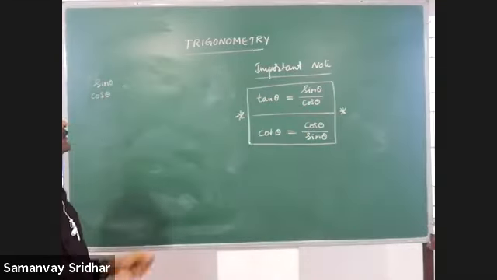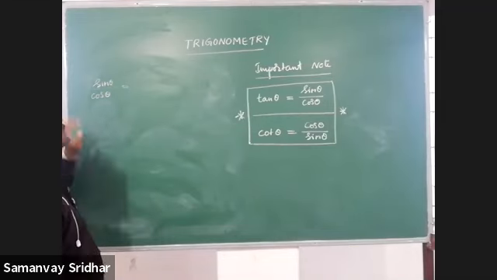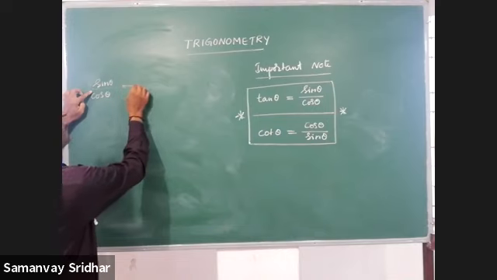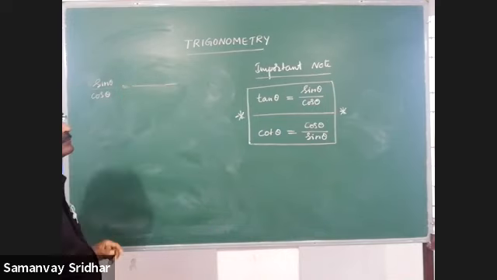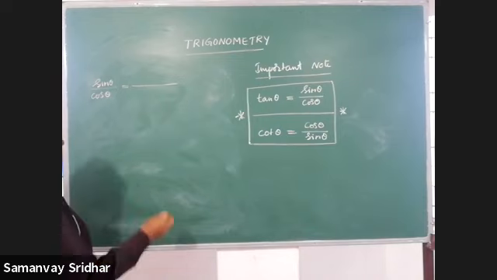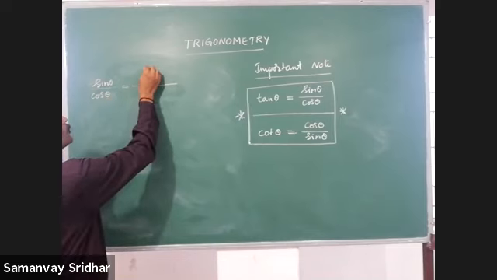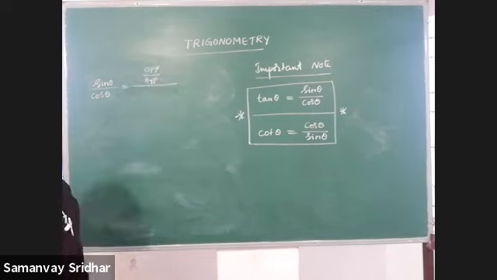How is it? So here see. As you know that here division is there, I'll write the division. Sin theta is there in the numerator, and you know that sin theta is opposite side of theta divided by hypotenuse.